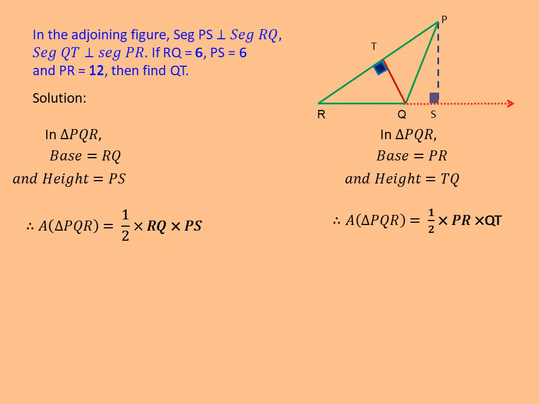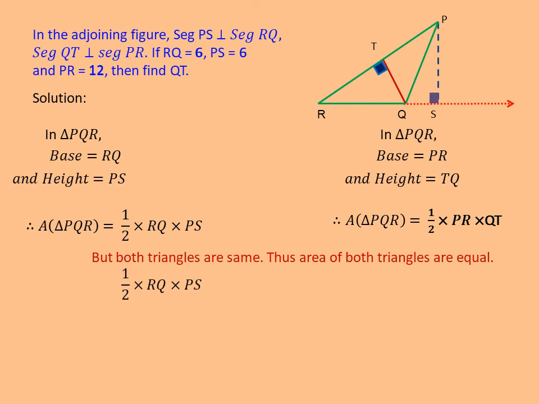As you know, both the triangles are the same triangle, area of triangle PQR, area of triangle PQR. So the left sides are the same, so automatically the right sides will also be equal. So here we have half of RQ into PS equals half of PR into QT.